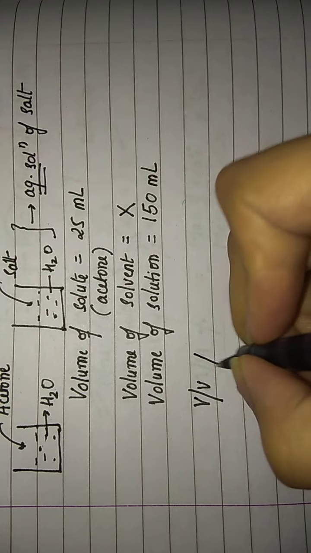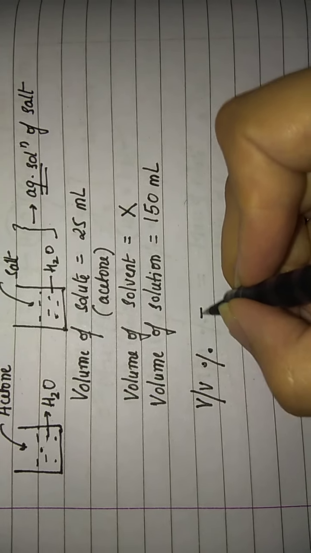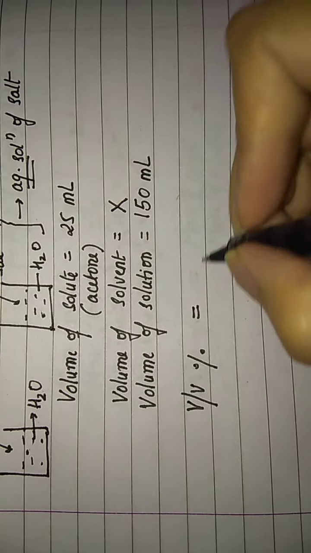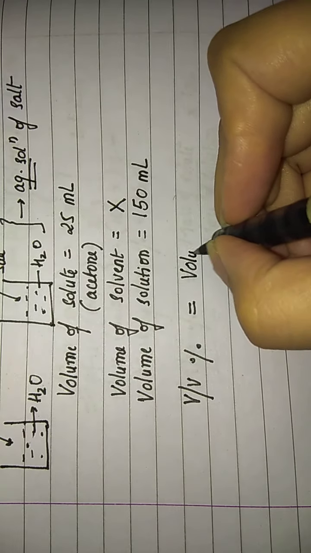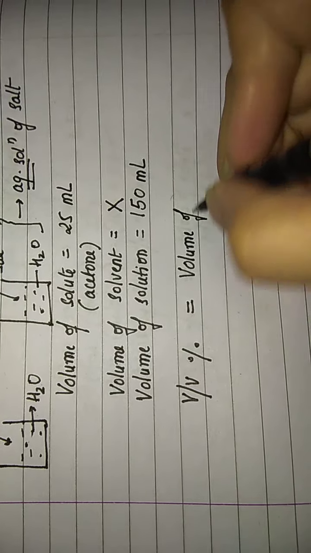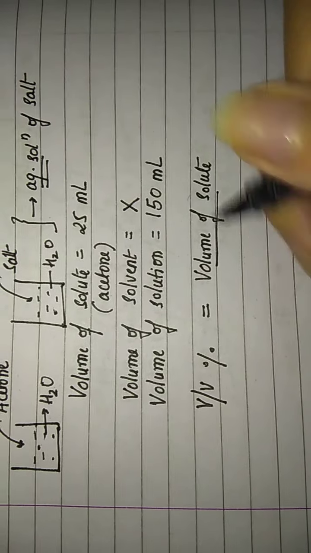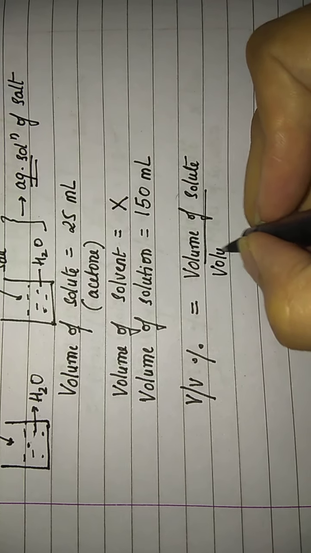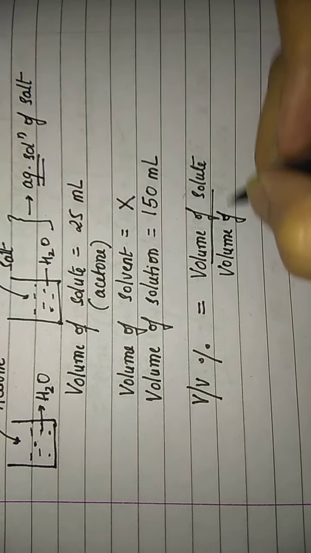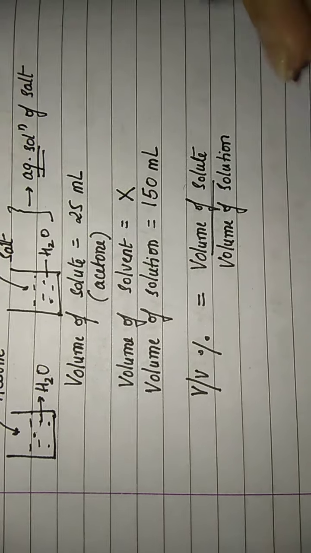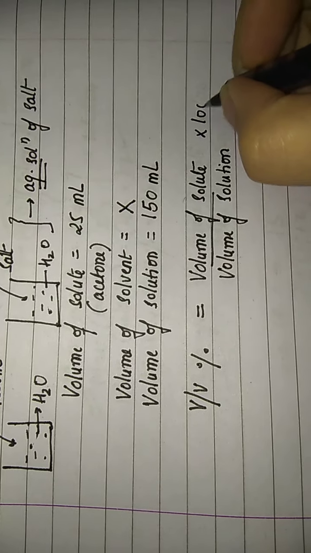Volume by volume percentage. Again, I am writing in short. This is the third way that we did for expressing the concentration of a solution. It says volume of solute divided by volume of solution into 100.